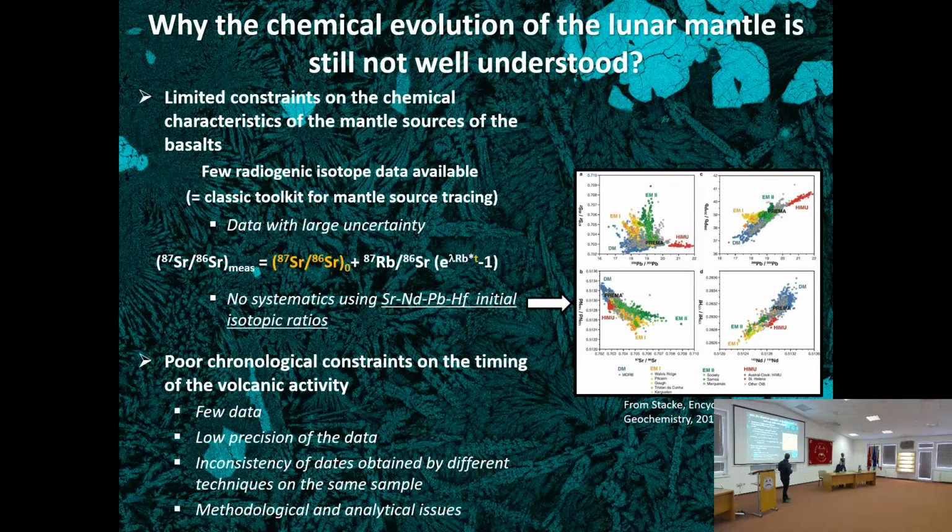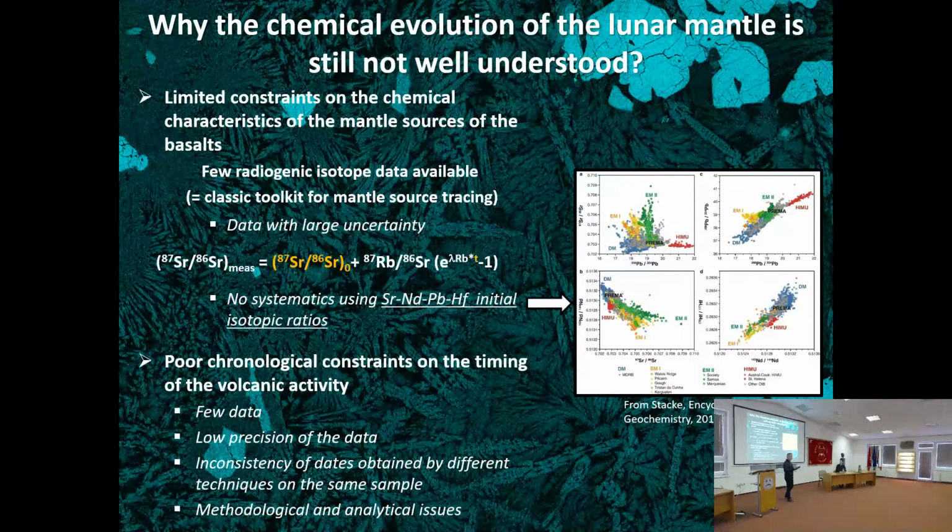And these data sometimes have large uncertainties back to the isochron. If the isochron is not well constrained, we have an initial ratio that is poorly constrained with a large uncertainty.